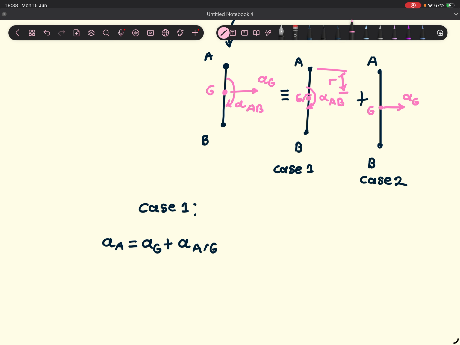It's basically a fixed point, just rotating and not moving whatsoever.